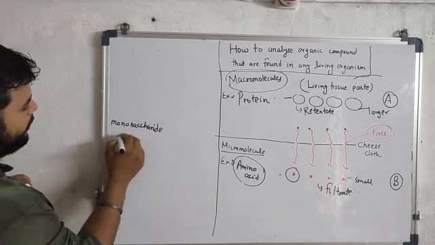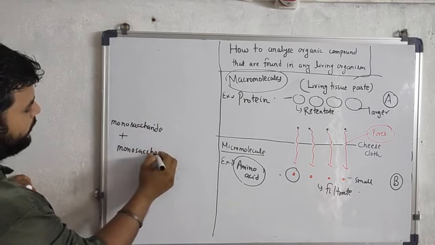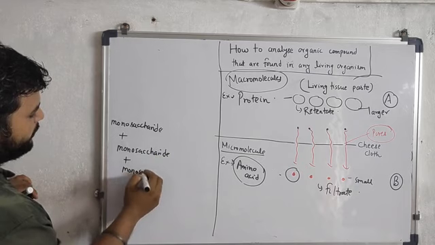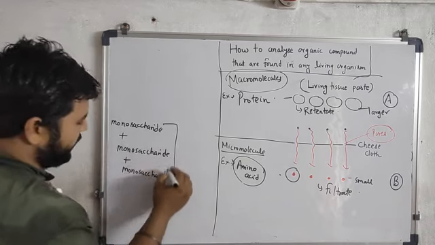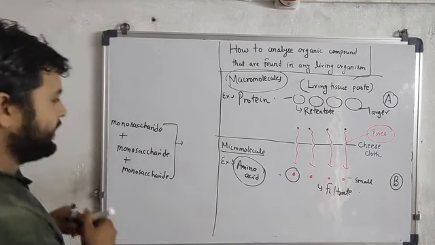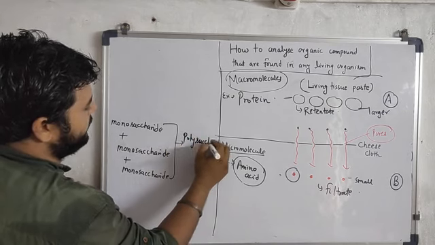Now the another example which we have to take: when several monosaccharide units combine, monosaccharide plus monosaccharide plus monosaccharide, then it will form a polymer unit that is called polysaccharide.